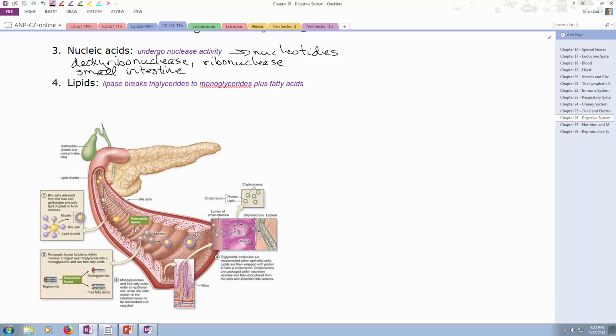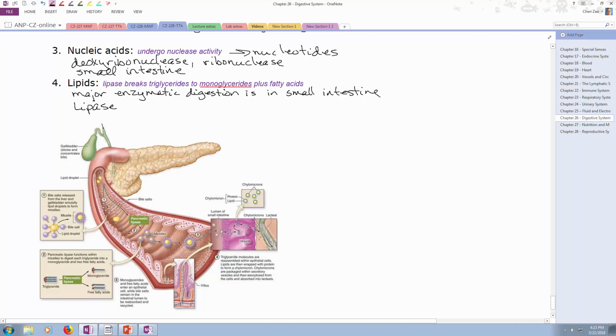As far as we're concerned, lipids really don't start any significant digestive enzymatic activity until we get into the small intestine. And the enzyme for that is lipase.